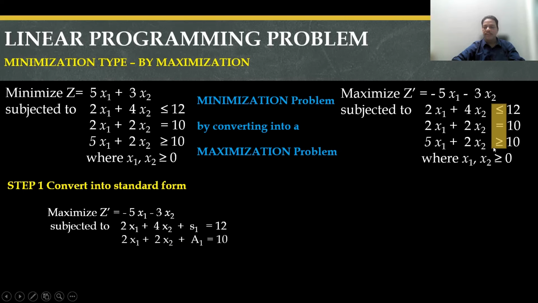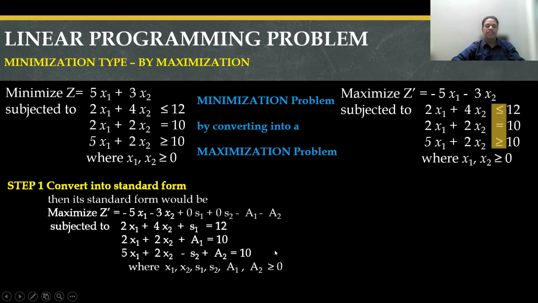In the third constraint, it is a greater than or equal to sign. That's why we have to add surplus variable. Now, if we add surplus variable here, s2 will be equal to minus 10 if we put x1 and x2 as 0. That's why we have to add artificial variable in this third constraint as well. So the non-negativity restrictions now become x1, x2, s1, s2, and a1, a2 all are greater than or equal to 0.